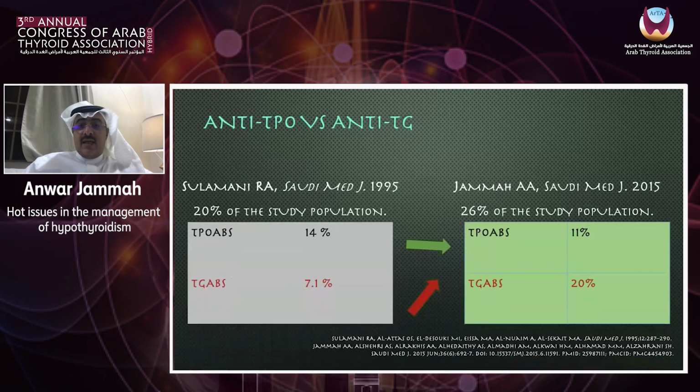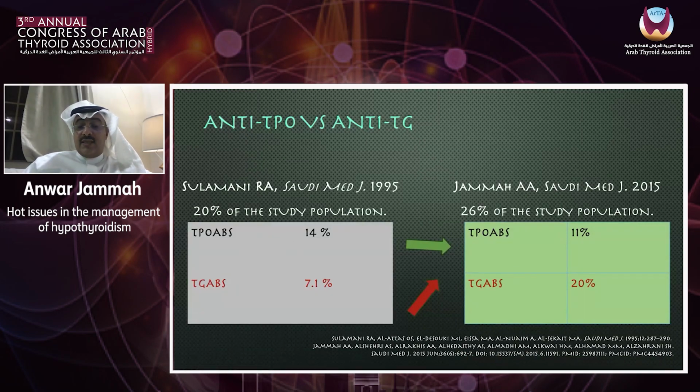So this is Dr. Riyad Suleimani's paper, and this is our paper, and it shows that the anti-TG antibodies increased from 7.1 to 20%. And the anti-TPO is almost the same. So the autoimmunity in Saudi Arabia was related mainly to the anti-TG antibodies.